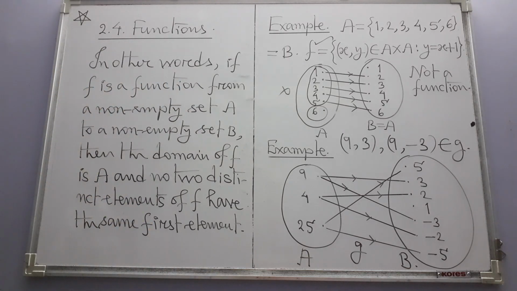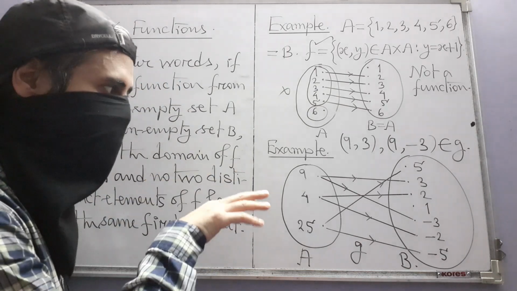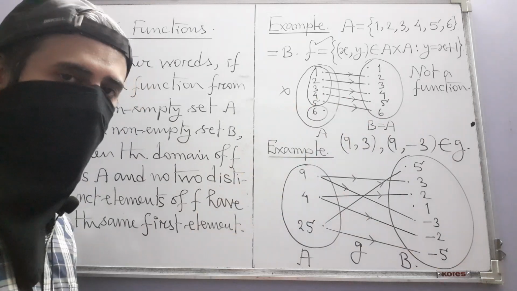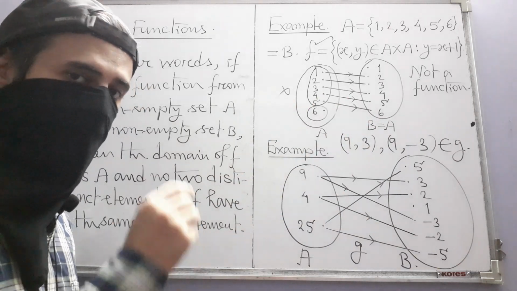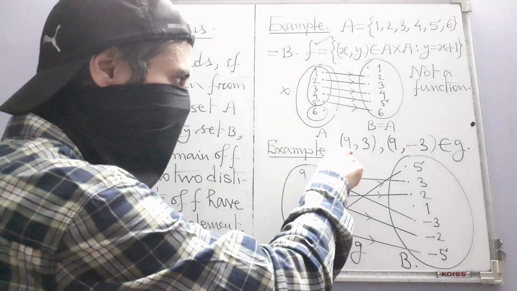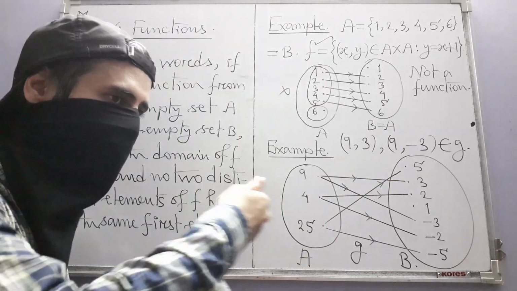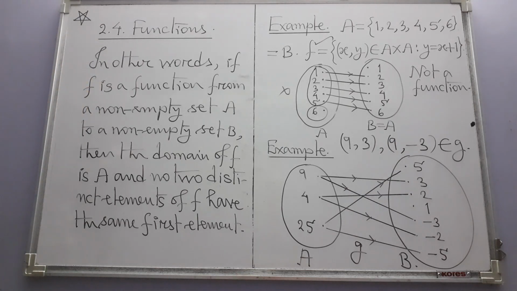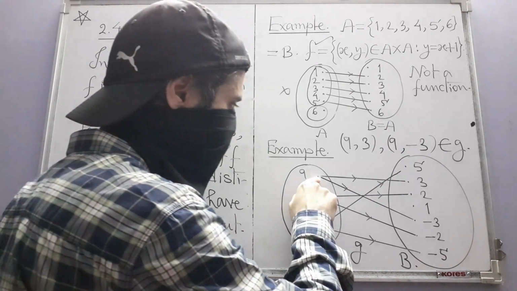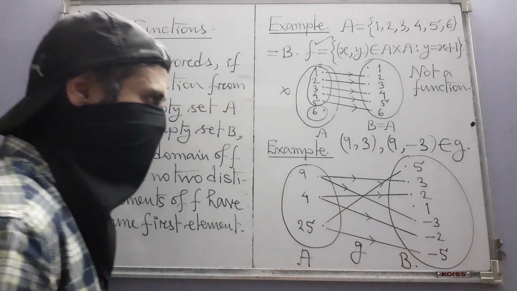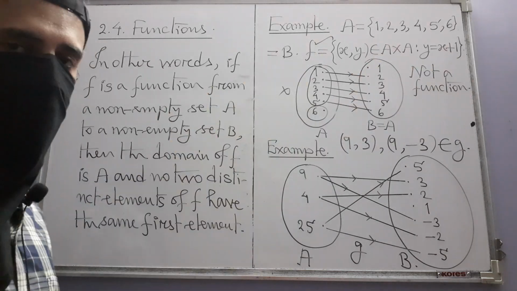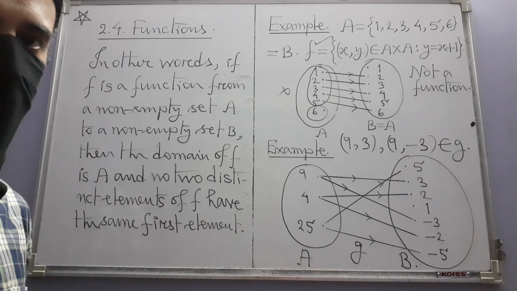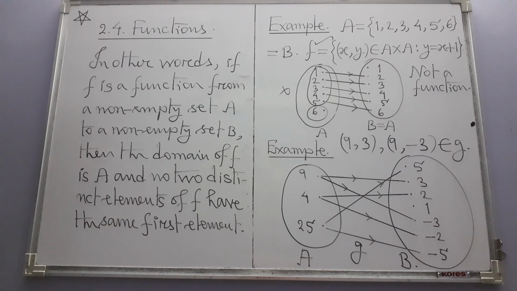That should not be the case because this happens precisely when more than one arrow goes out from a single element. So that single element appears as the first element in more than one distinct elements in whatever relation you are considering. If you have more arrows coming out of 9, you will have more such elements, all of whose first elements are equal to 9. That should not be the case.